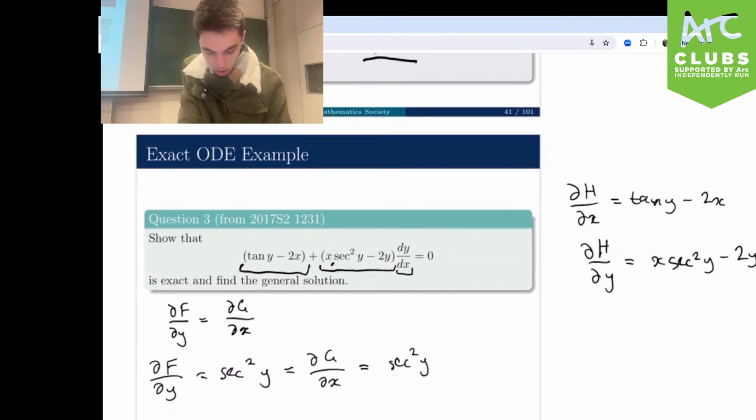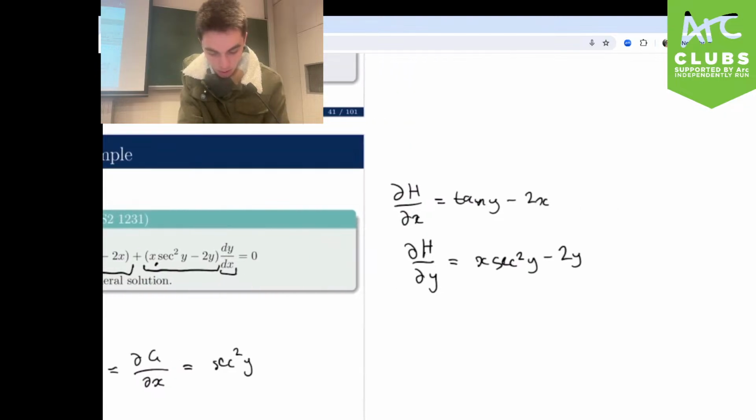Okay, so when we have h defined in terms of a derivative, then we just need to integrate to find it, right? So this first one implies that h of x and y is equal to this expression on the right integrated with respect to x, right?